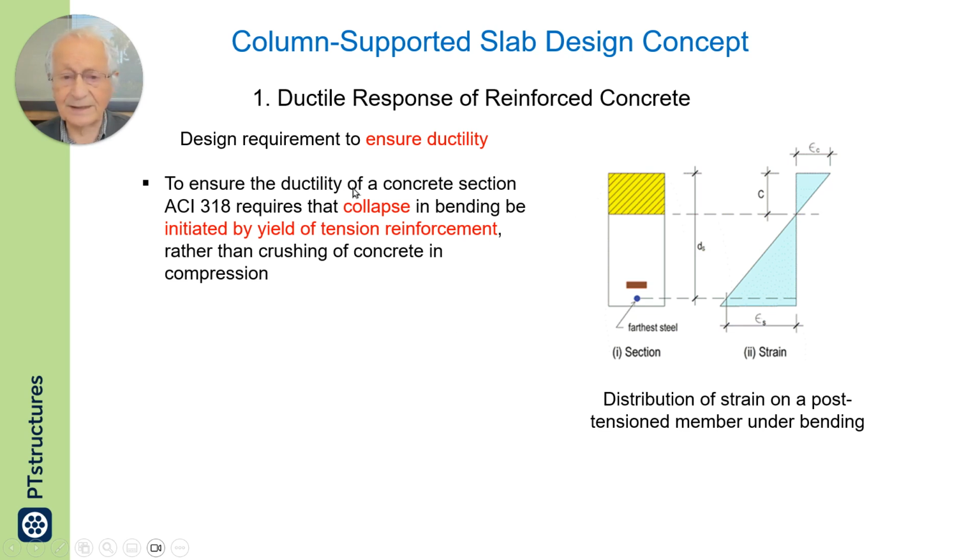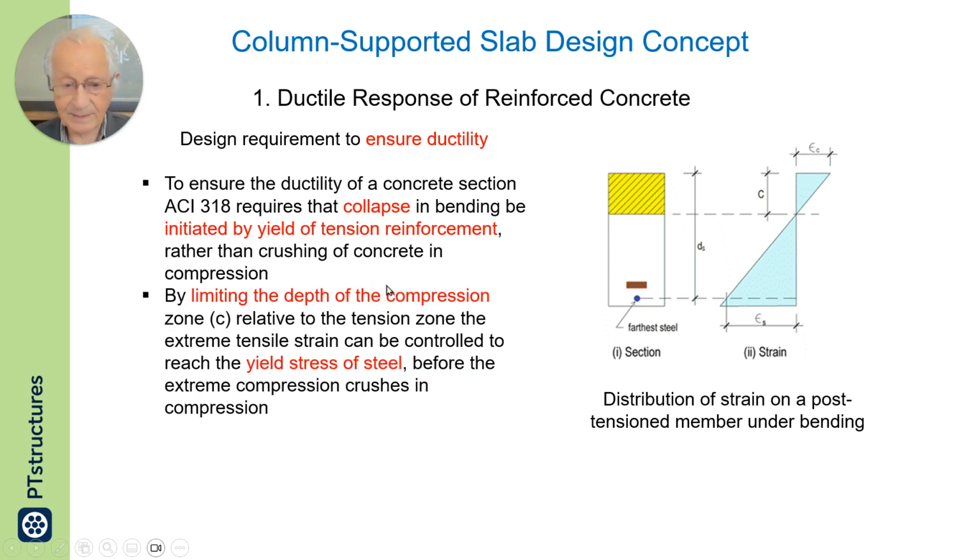To ensure ductility of a concrete section, ACI 318 requires that collapse in bending be initiated by yield of its tension reinforcement.